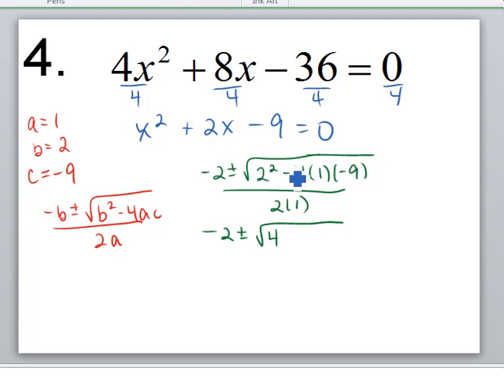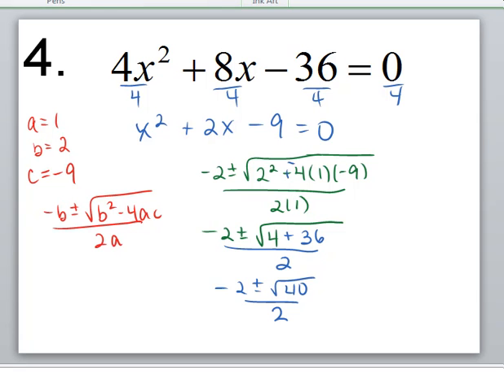Change my signs and plus the opposite here to make sure I have the right term in here. Negative times a negative is a positive, so I get positive 36 all over 2. This gives me the answer of negative 2 plus or minus the square root of 40 over 2.